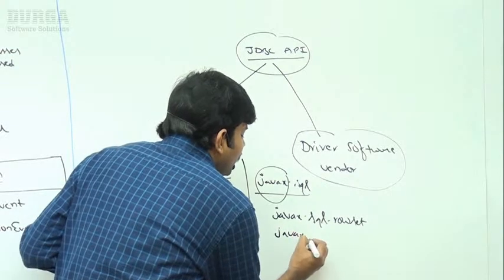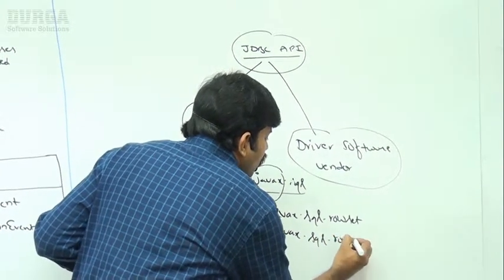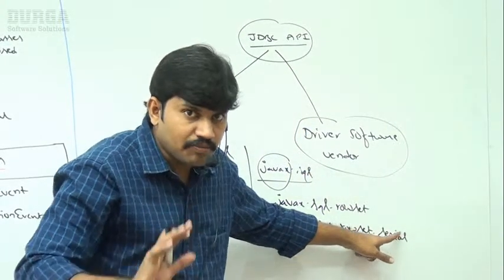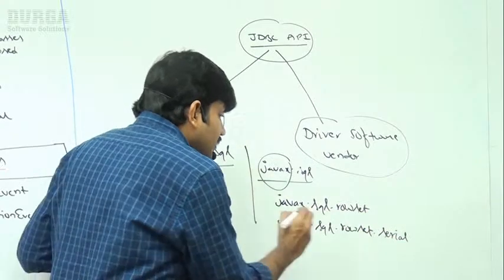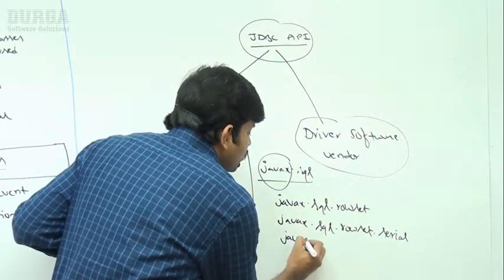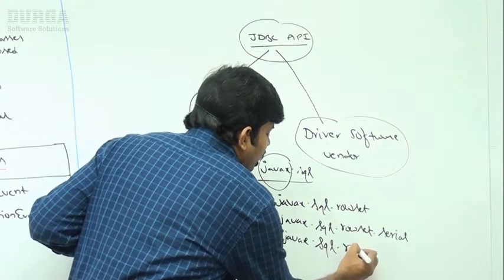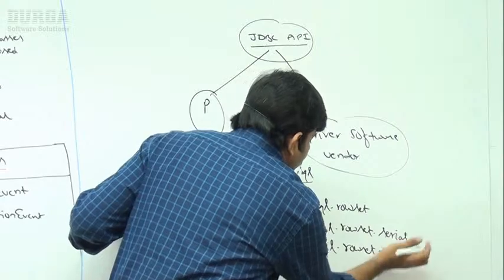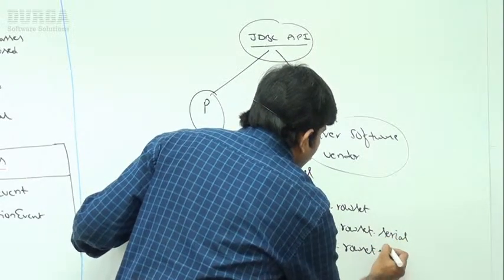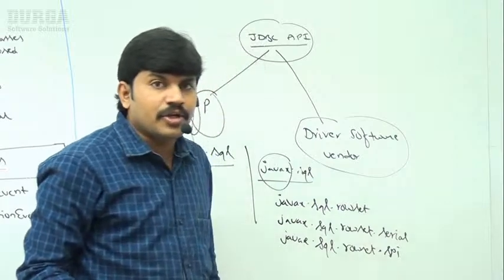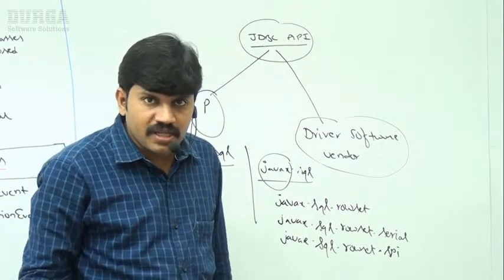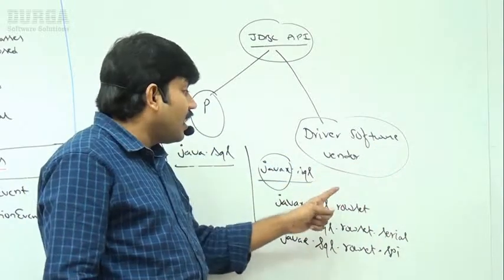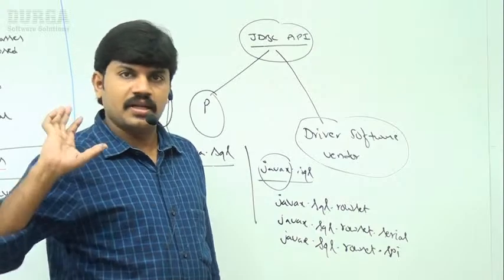Similarly, javax.sql.rowset.serial, which is for serialization purposes. Next, javax.sql.rowset.spi, which is related to the synchronization concept. Is it clear for all of you? Okay. Make sure these are the various packages we have inside the JDBC API. Clear for all of you?